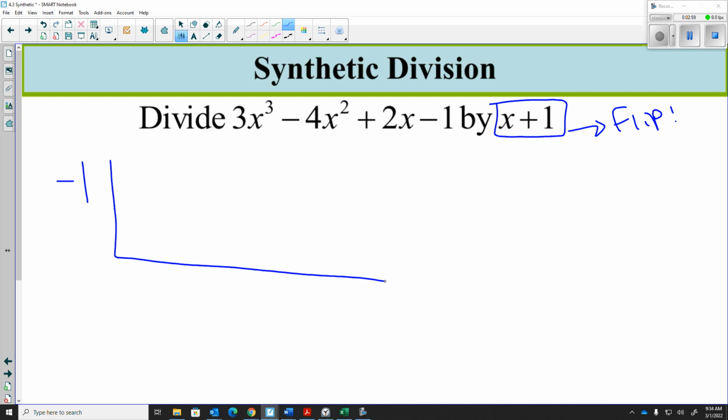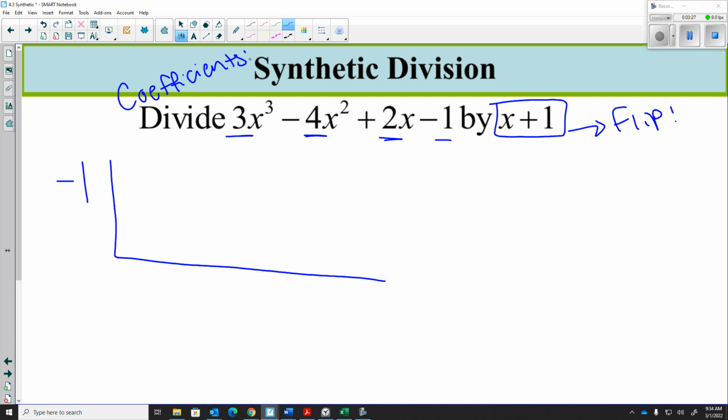All right, here's what I'm going to do next. I'm going to look at the thing I'm dividing, and I'm going to take the coefficients of each term. The setup is kind of goofy, but just wait. You've got to build up the suspense. I'm going to take the coefficients, not the variables, just the numbers in front.